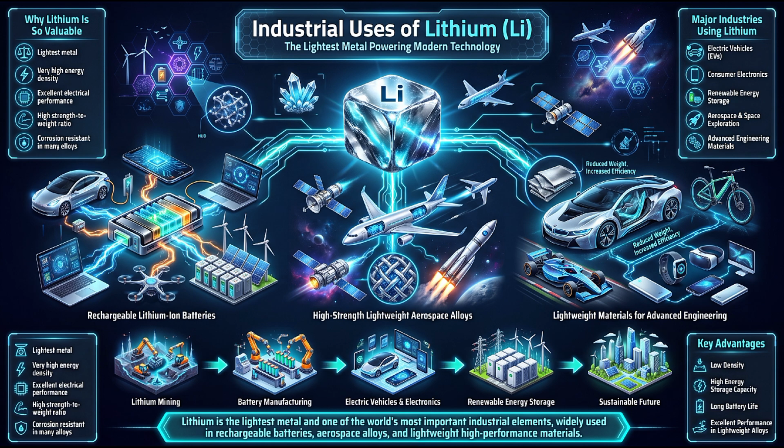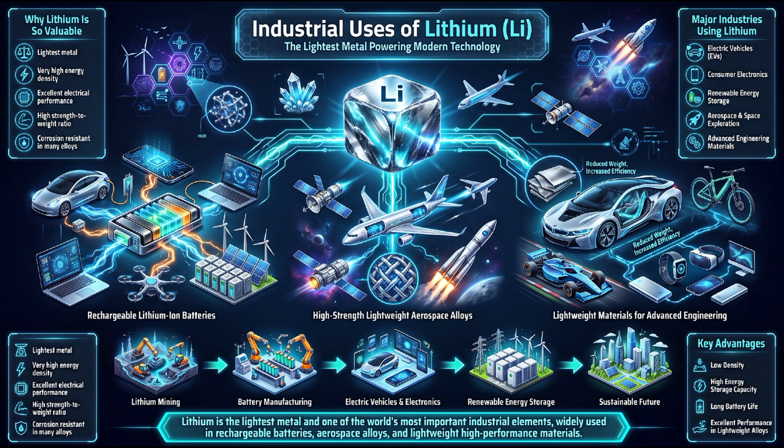Large lithium-based battery storage facilities are now being used to stabilize electrical grids, improve energy reliability, reduce dependence on fossil fuels, and support the integration of renewable energy into national power systems. This capability makes lithium an essential component of the global shift towards sustainable energy production.